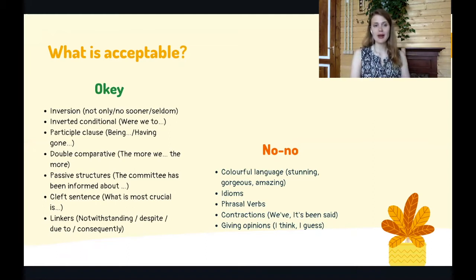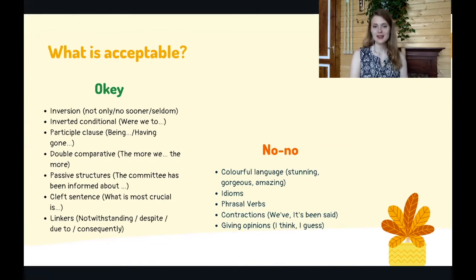You use double comparatives. Passive structures, by the way, you should not personalize your report because it's general information and you give facts, sometimes figures. So passive structures are basically things that need to be used. Cleft sentences, linkers, and I would also add here the signposting devices I've talked about.